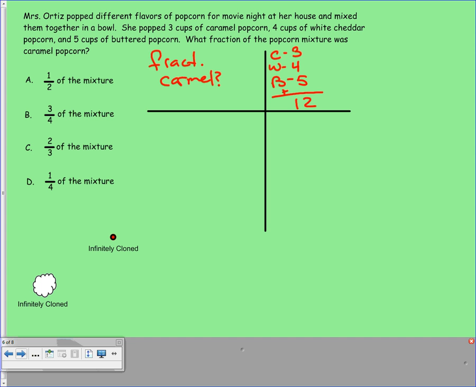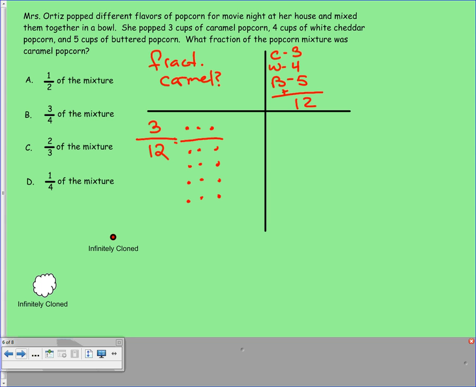Okay, so what fraction was caramel? Caramel we said was 3, part over total. But is that in its lowest terms? Notice 3/12 isn't an option. So that's 1, 2, 3. 1, 2, 3, 4, 5, 6, 7, 8, 9, 10, 11, 12.